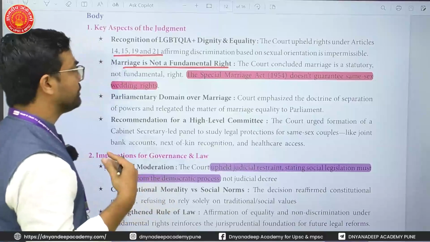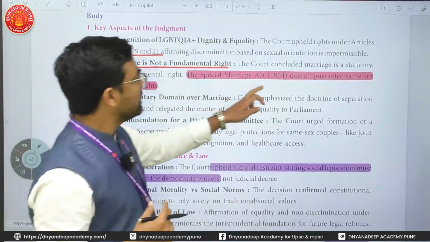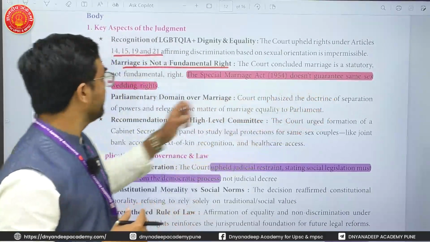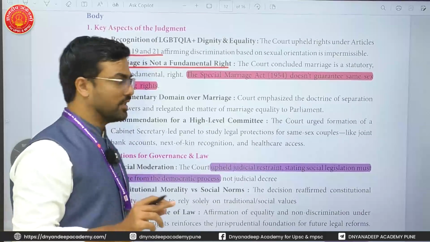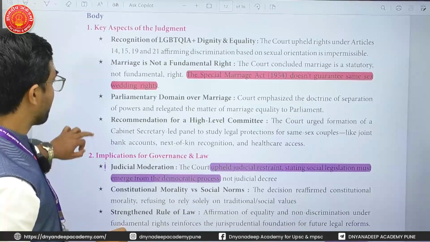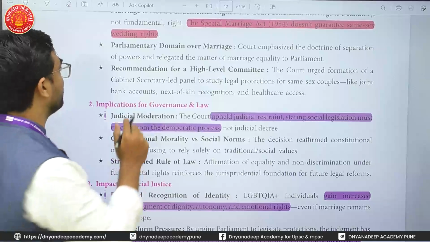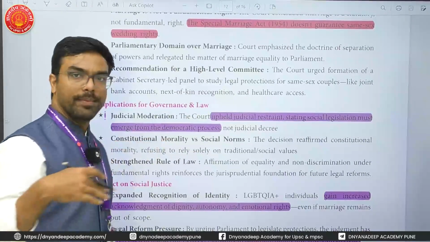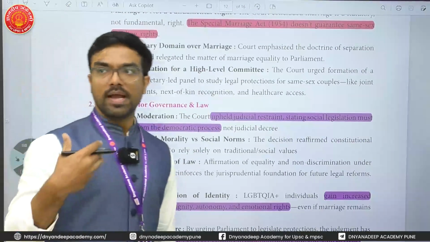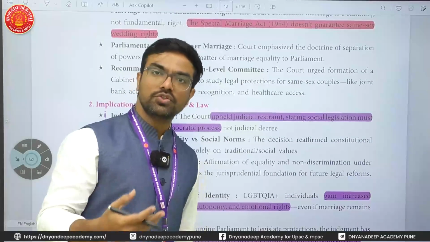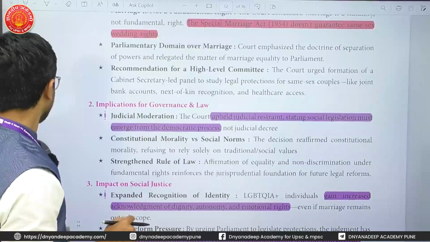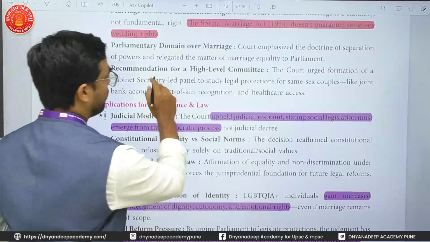And the Special Marriage Act 1954 doesn't guarantee same-sex marriage rights. It says that the matter is in the parliamentary domain. So Parliament, the democratically elected representatives, should decide on this matter, and it recommends a high-level committee.